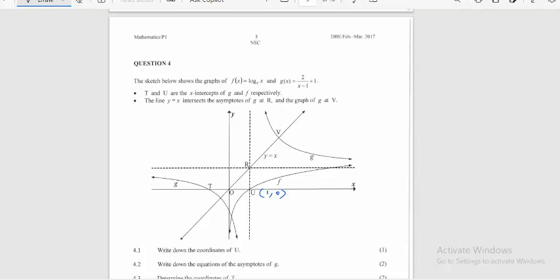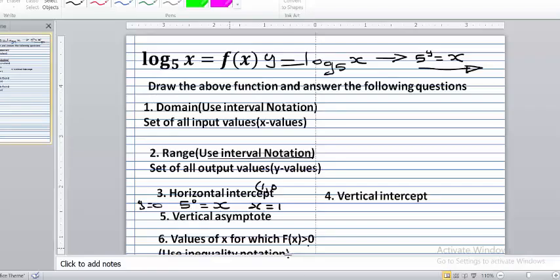So we know based on the graph that our domain will be between 0 and infinity, right? This is the set of all input values for x. It's from 0 to positive infinity.